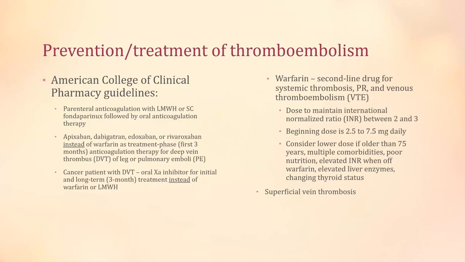Dose to maintain international normalized ratio or INR between 2 and 3. The beginning dose of warfarin is 2.5 to 7.5 milligrams daily. Consider lower doses if the patient is older than 75, if they have multiple comorbidities, poor nutrition, if they have an elevated INR when off of warfarin, if they have elevated liver enzymes, or there's changes to their thyroid status.